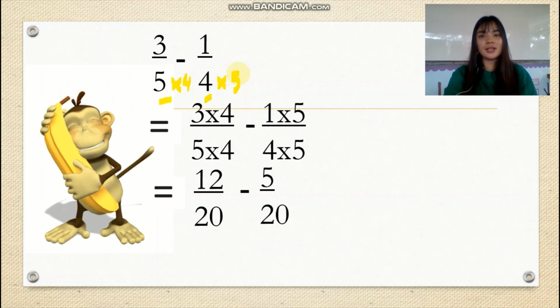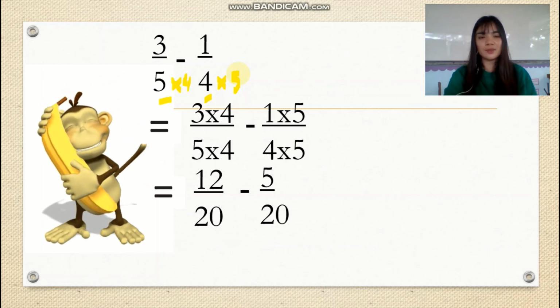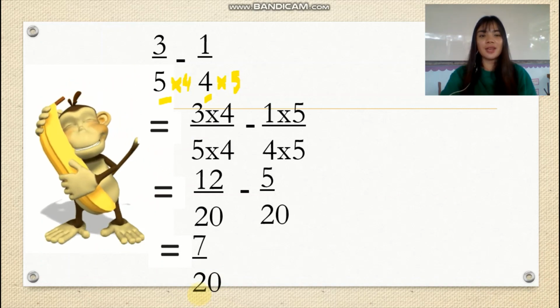We need to subtract our numerators now. 12 minus 5 is equal to 7. Then we carry our denominator, which is 20. Can we simplify our answer? No. So our answer would be 7 all over 20.